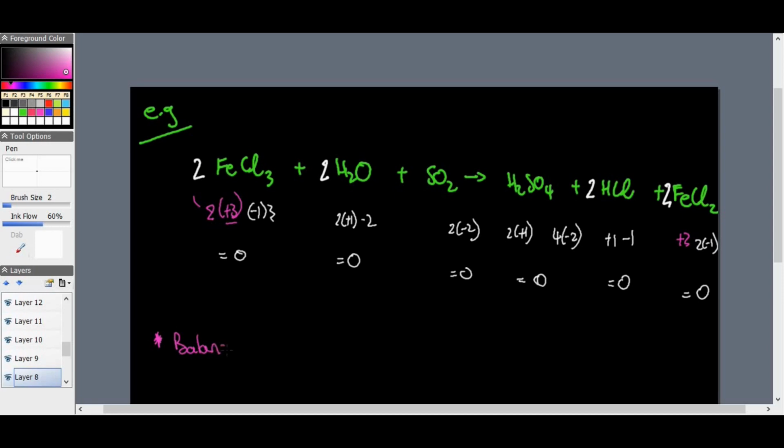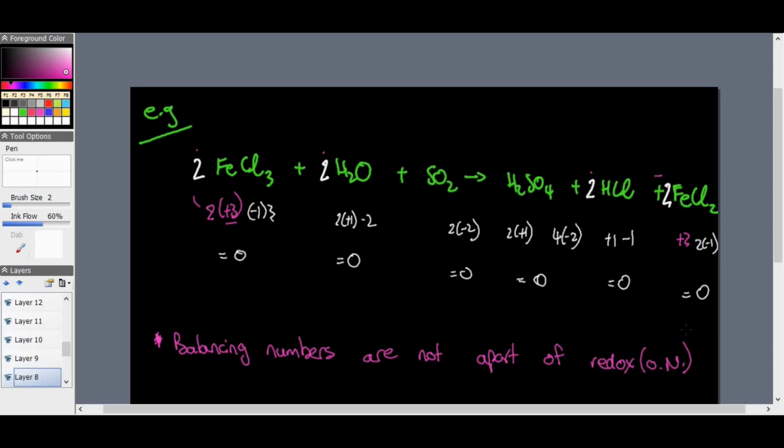Balancing numbers, which is the 2 here, this one, this one, this one, and this one, are not a part of redox, or more specifically, oxidation numbers. They have nothing to do with oxidation numbers. Balancing numbers are there to balance the equation and for the mole ratio.